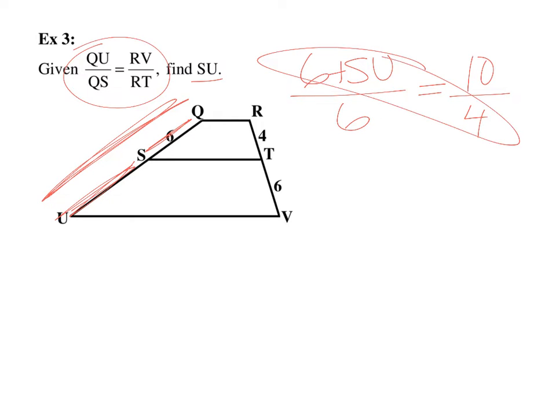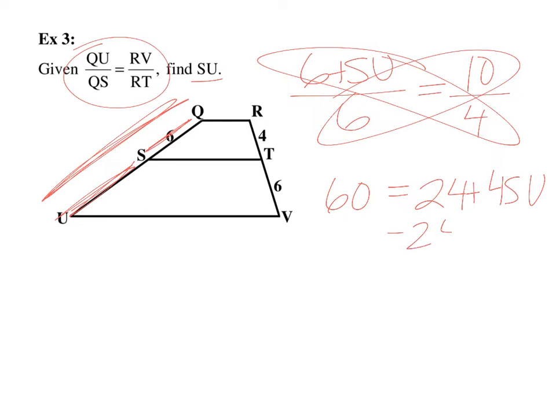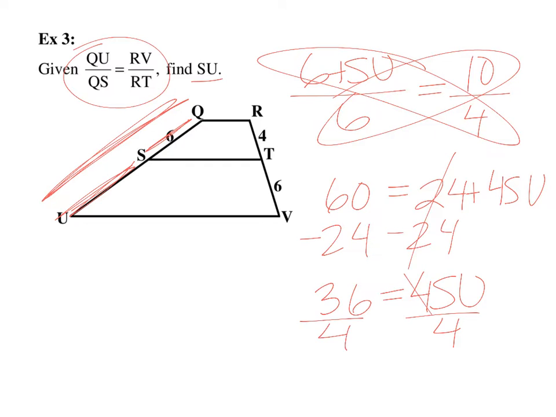Here I cross multiply, and I get 60 is equal to 24 plus 4 SU. So I subtract 24. Now I have 36 is equal to 4 SU. Divide by 4, and SU is equal to 9. Done.